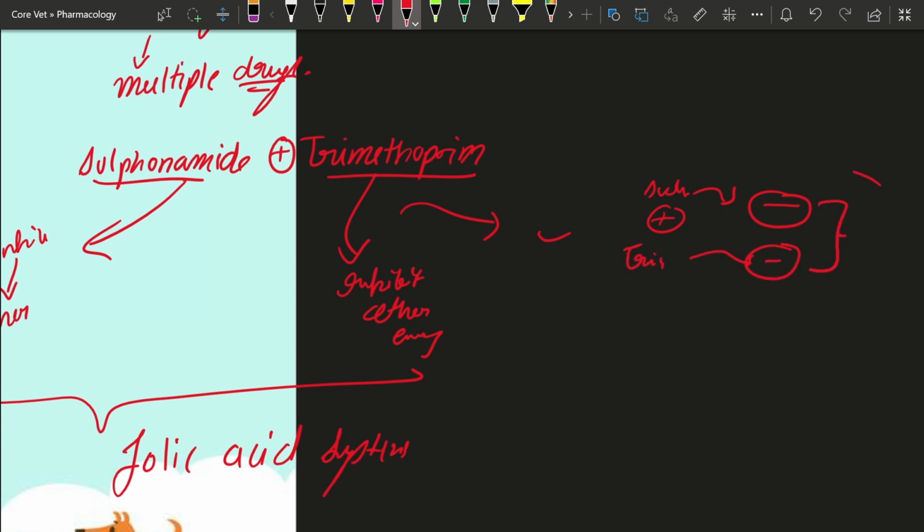If two enzymes are inhibited, it will give a synergistic effect. So the composition could have a sulfonamide and a trimethoprim, and it is going to give a good response, a synergistic response, to be precise, right?